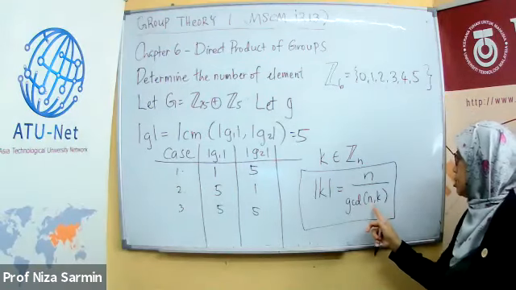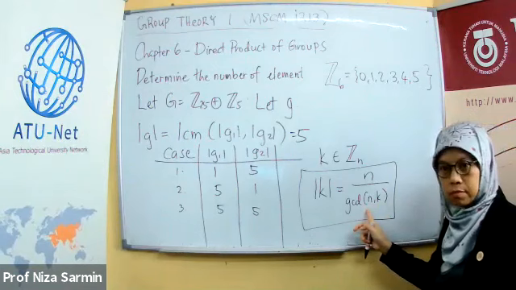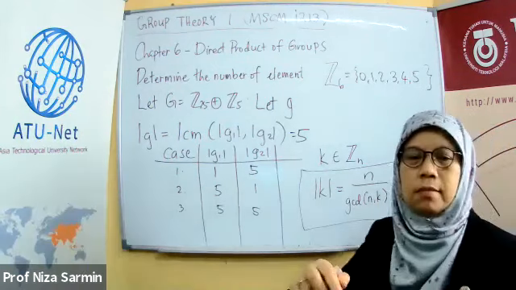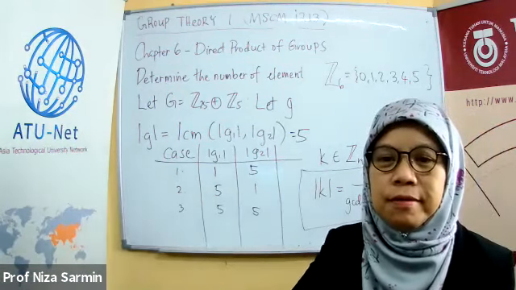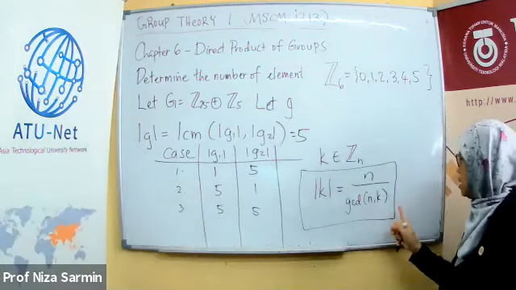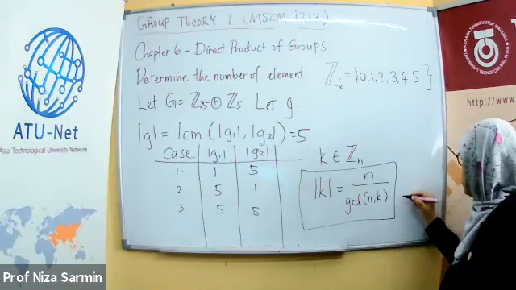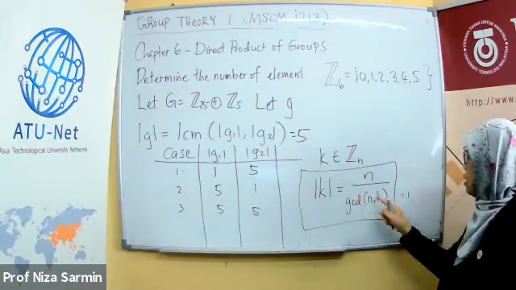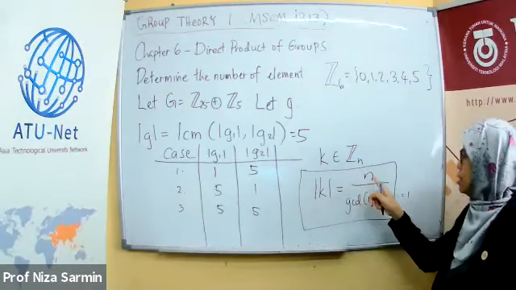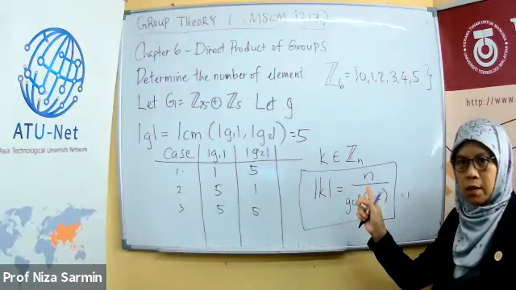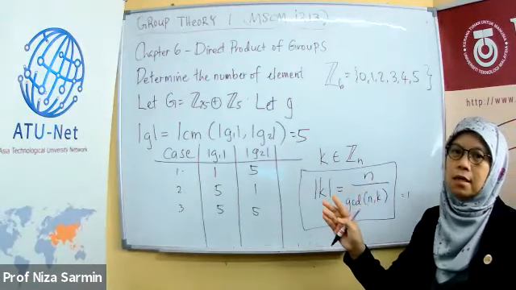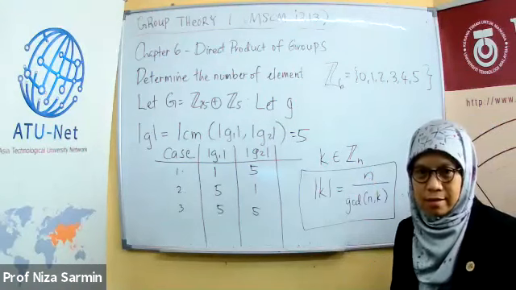If the GCD is 1, the order of k is n, meaning it is a generator.